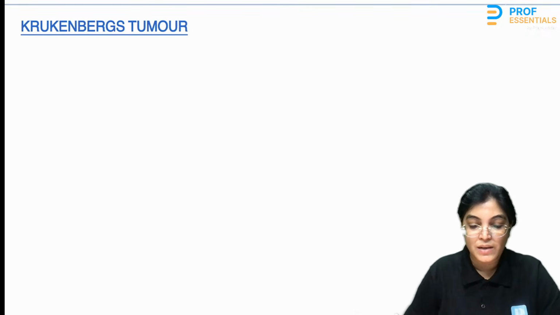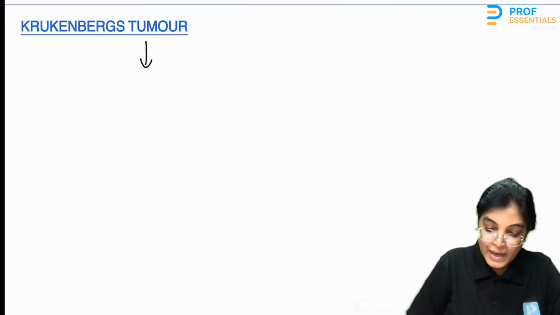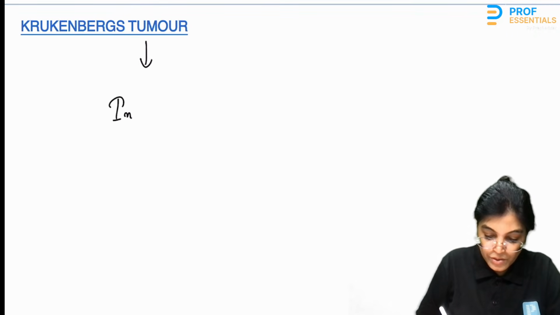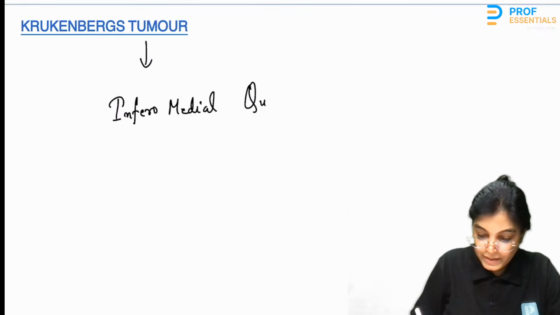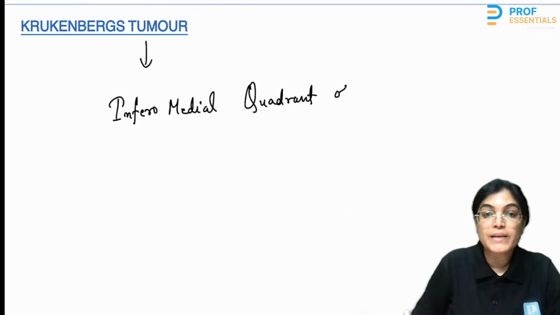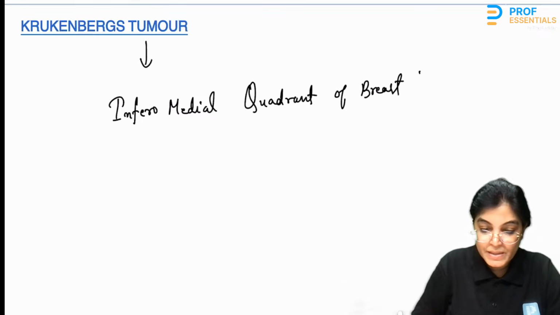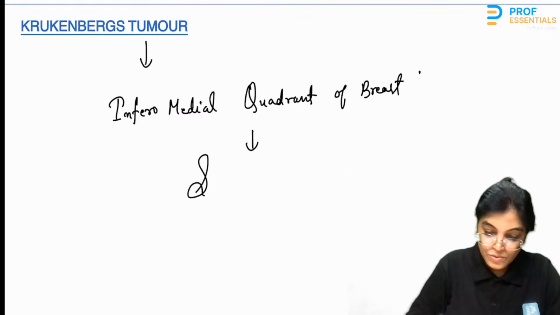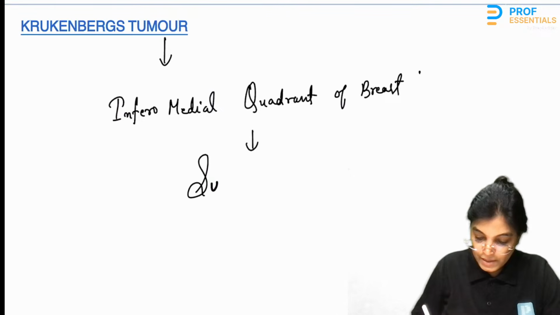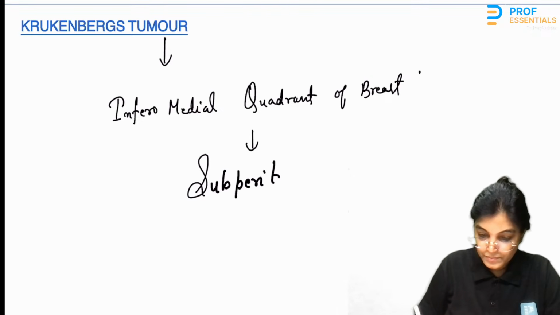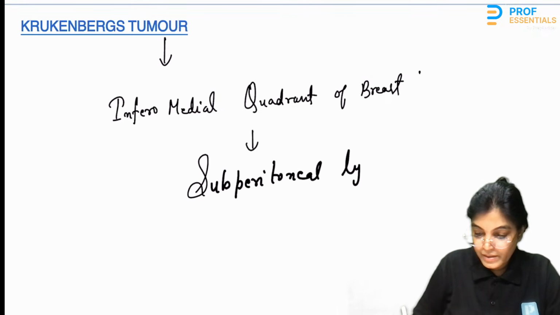And as I have told you, Krukenberg tumor already, just a few important points. Krukenberg tumors, which we have discussed and shown in the diagram: the inferomedial quadrant of the breast is communicating with the subperitoneal lymph plexus.